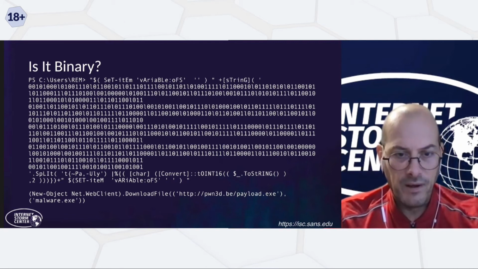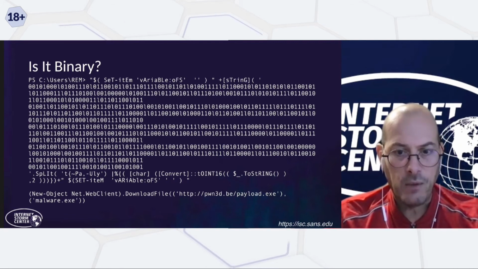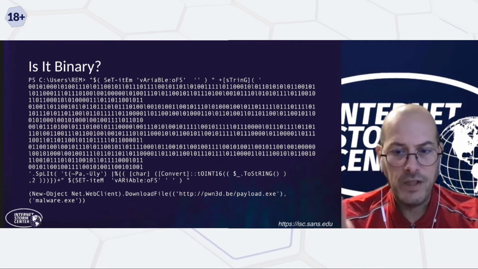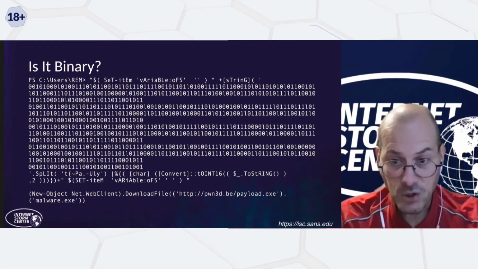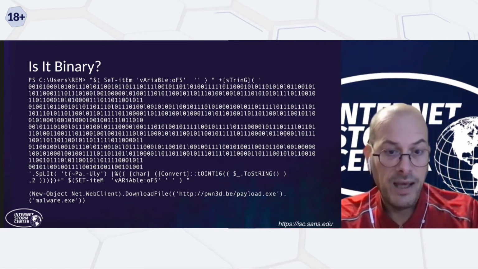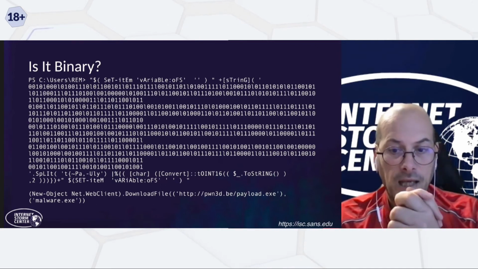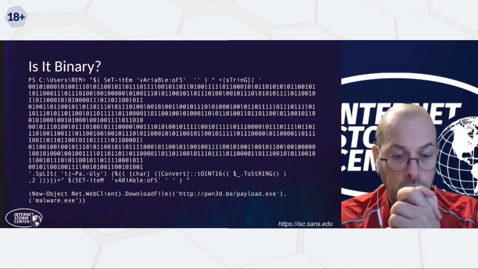When we split this, we have an array. We convert all the elements of the array from binary into characters. Then we just concatenate everything and we recreate a new string.